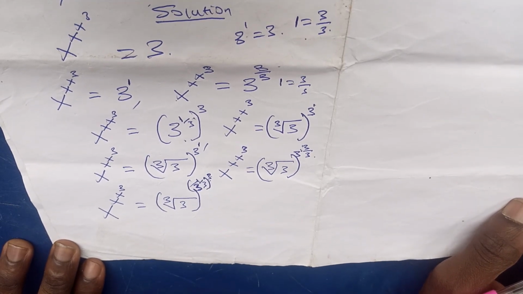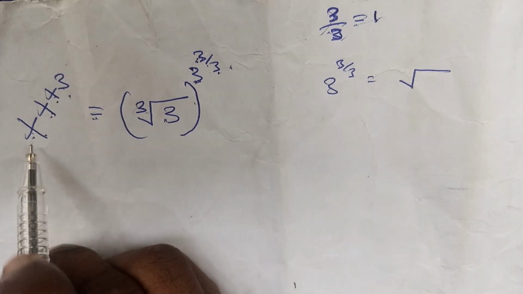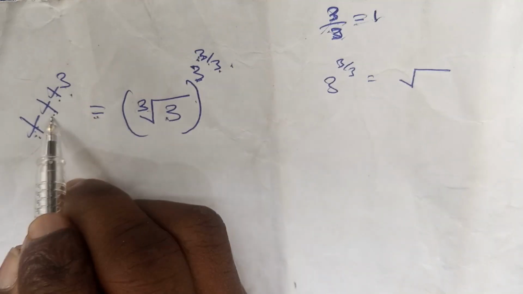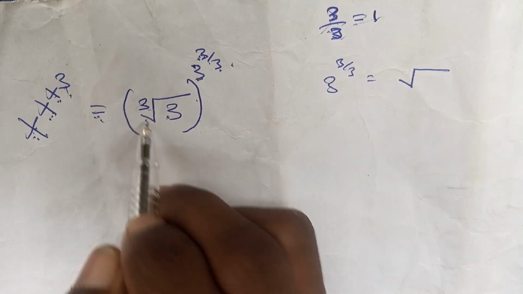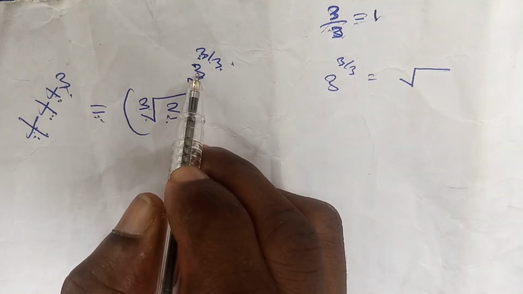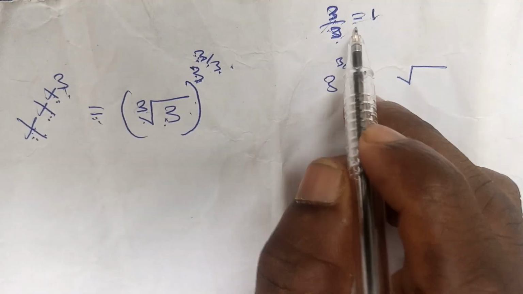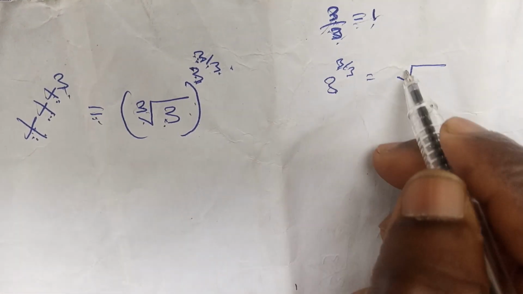If you move to this other side, we now have x to the power of x to the power of x to the power of 3 is equal to the cube root of 3 to the power of 3 to the power of 3 over 3. And recall, 3 over 3 is going to give us 1. And 3 to the power of 3 over 3 is also the same as the cube root of 3 to the power of 3.